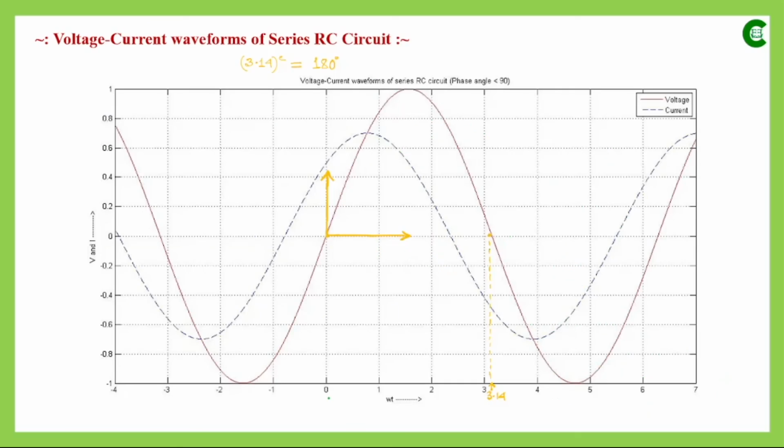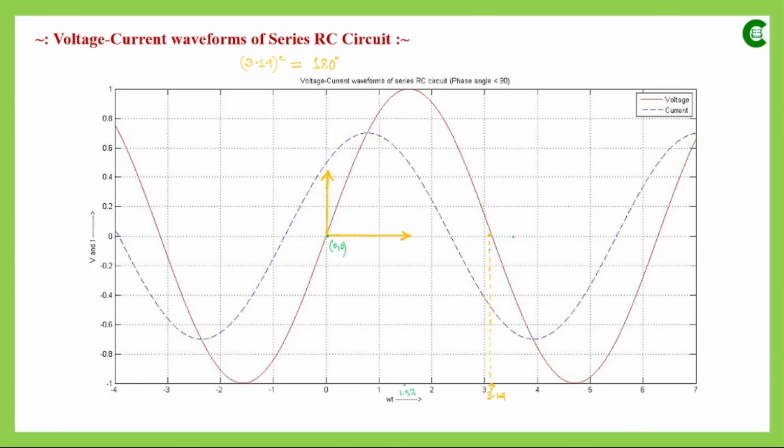Now we will again see this in the form of voltage and current waveform. Here the red waveform is the representation of voltage, and the blue dotted line is the representation of current, and this is the point of intersection of x-axis and y-axis, the origin 0, 0 point. Since voltage was taken as a reference, the voltage signal starts from this point, and this is pi by 2, where the voltage is at peak, and radian wise this value is 1.57 radian.